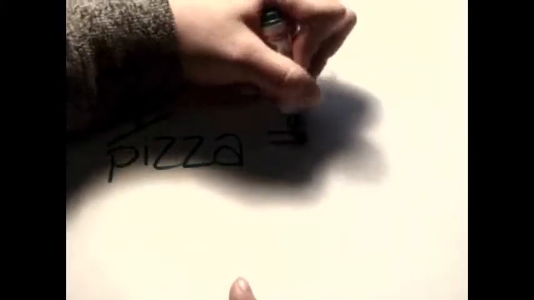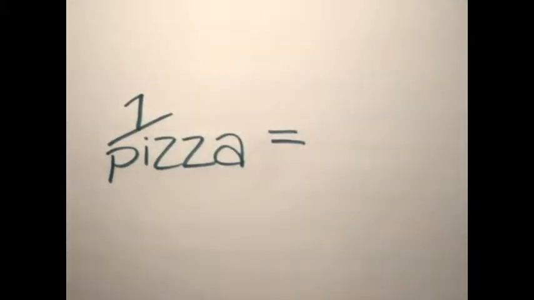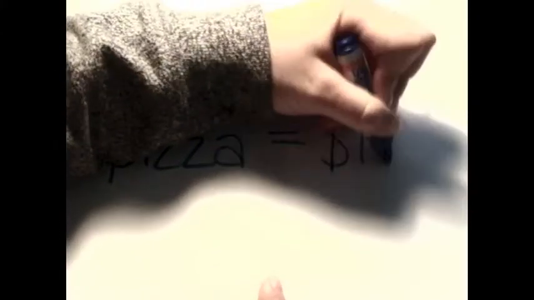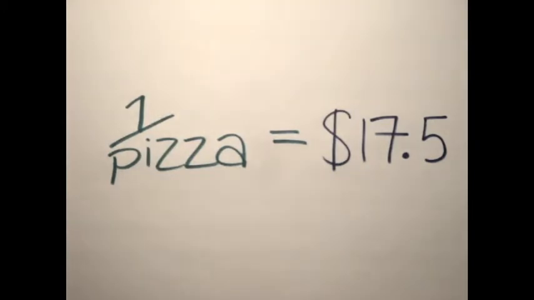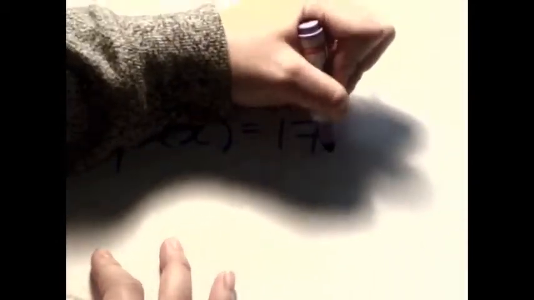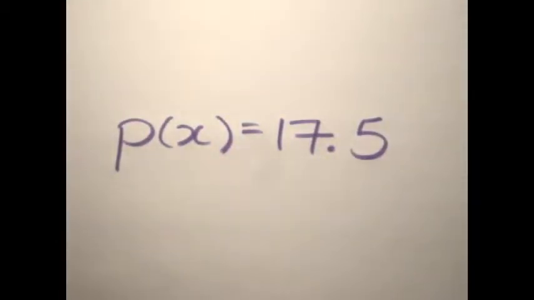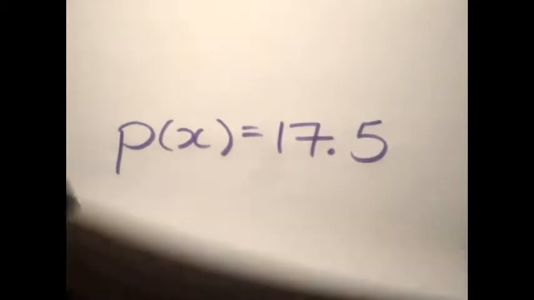The price function is basically just telling us how much one unit of our good or service, in our case our pizza, will sell for. And this is actually given to us in the problem. It says that one pizza will sell for $17.50. So therefore our function little p of x, our price function, equals $17.50. That is the price at which one of our pizzas will sell for.